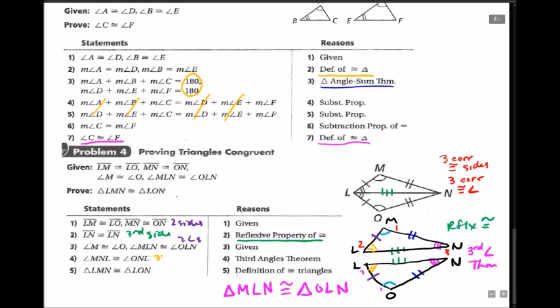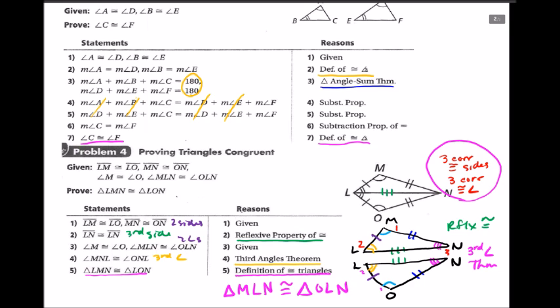And here is our third angle using the third angles theorem. And then here is our congruence statement that is simply by the definition of congruent polygons or definition of congruent triangles, because I have 3 corresponding congruent sides and 3 corresponding congruent angles.